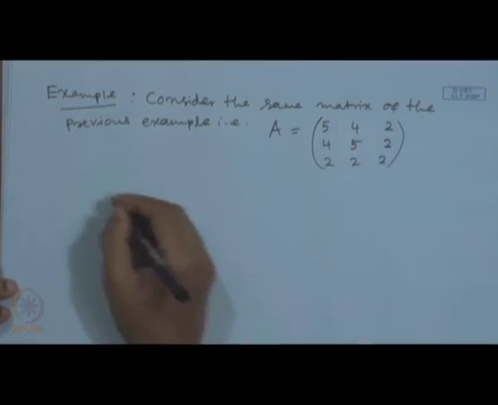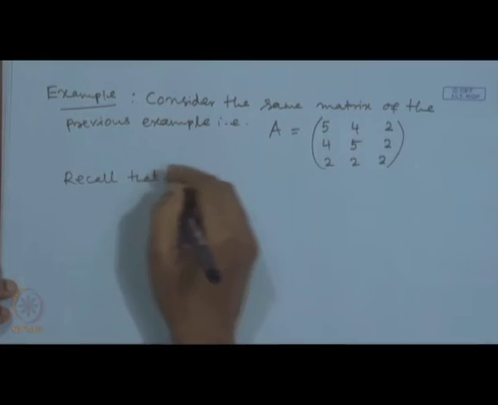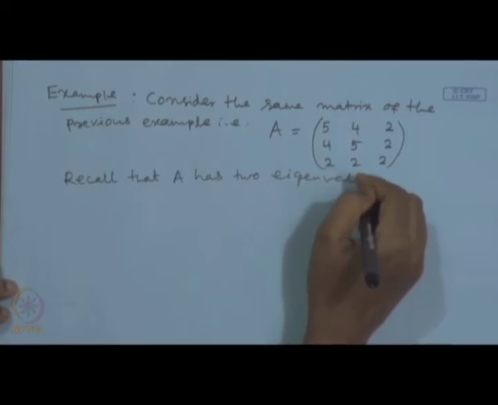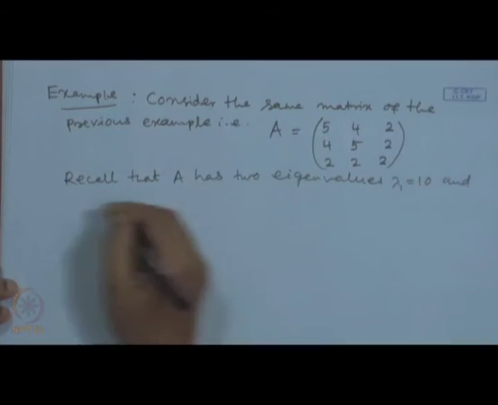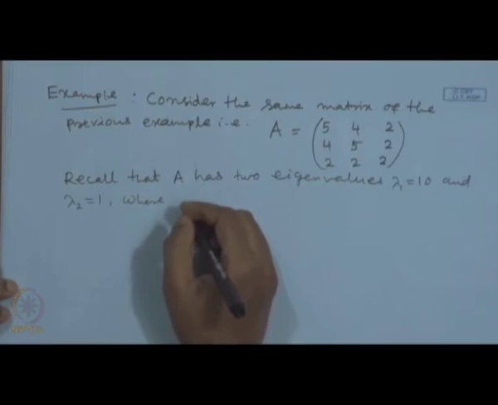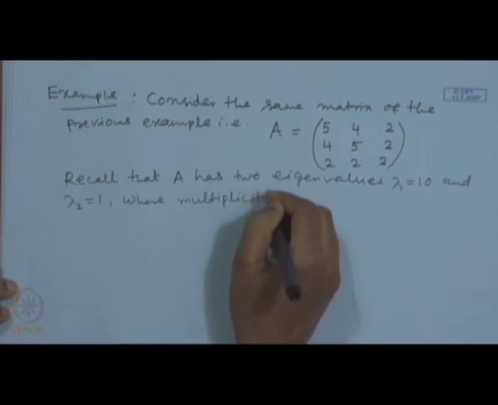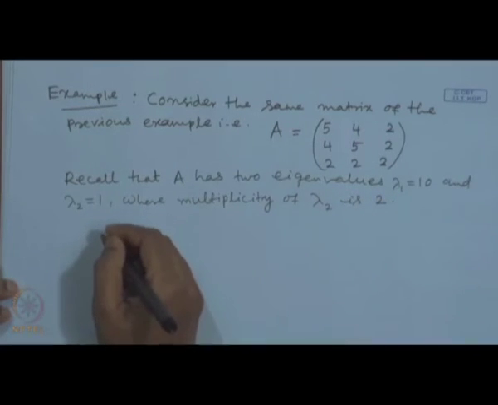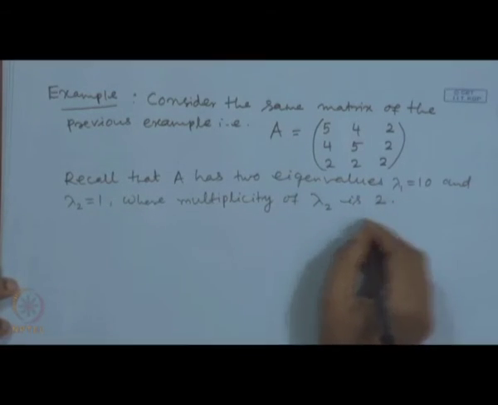Also recall that A has 2 eigenvalues, lambda 1 is equal to 10 and lambda 2 is equal to 1, where the algebraic multiplicity of lambda 2 is 2.